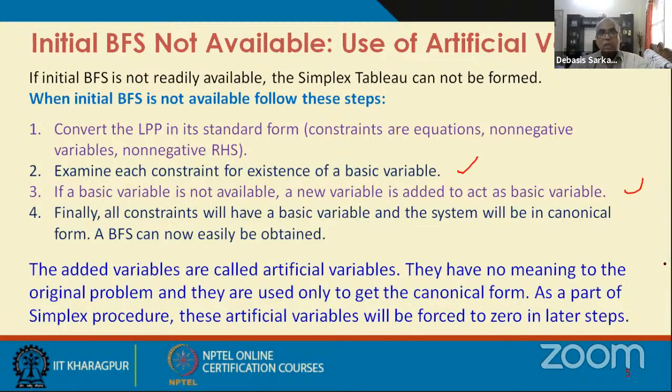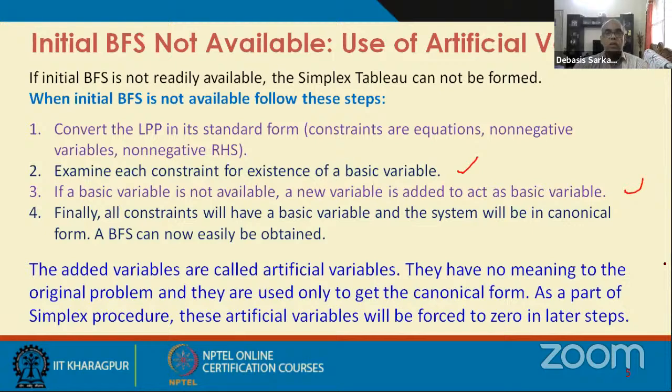So if I can obtain a basic feasible solution to this artificial problem so that all the artificial variables are 0 there, then of course the basic feasible solution for the artificial problem becomes the same as the basic feasible solution for the original linear programming problem.